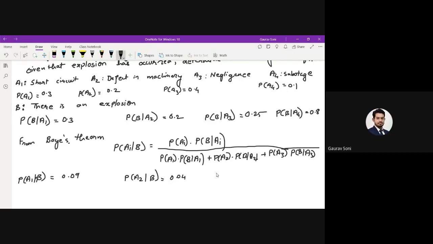Then 0.1. Then 0.08. There is this last one also, probability of A4, which when B has occurred is 0.08.